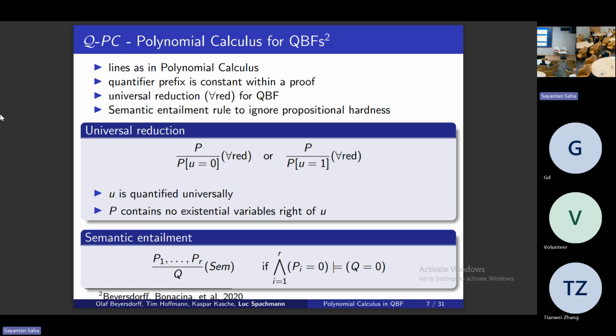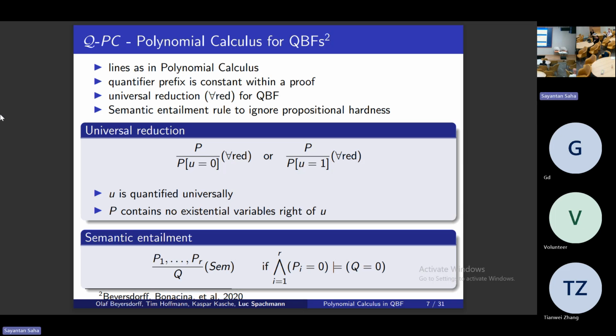If you have a line where u is a universally quantified variable and there is no existential variable to the right of u, with respect to the quantifier prefix, then we can just set a value for u. So u equals 1 or u equals 0.